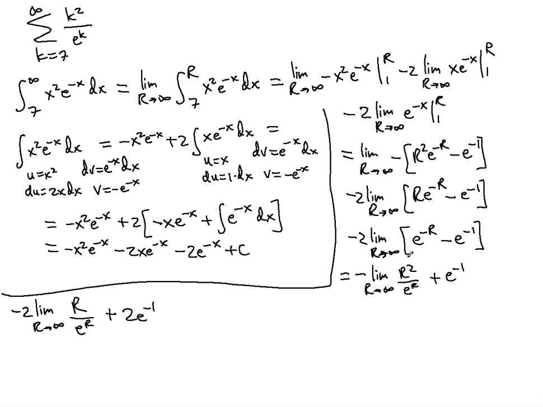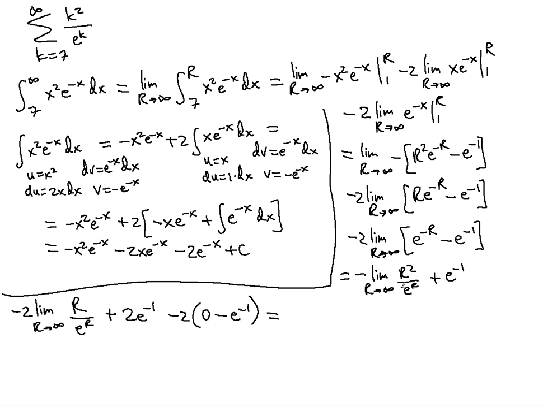Now the last term, minus 2 limit as r approaches infinity of e to the negative r. We might as well just evaluate it: negative 2 times e to the negative infinity, which is 0, minus e to the negative 1.